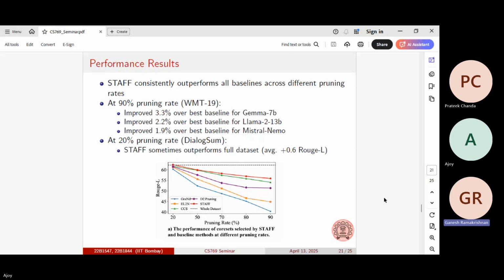Yeah, so we also vary the pooling rate from 20% to 90%, and STAFF outperforms across all those techniques.